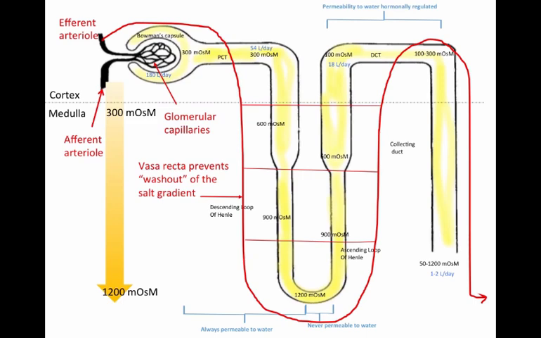And this is what sets up that salt gradient in the first place. Maintaining the salt gradient, this passive countercurrent flow is necessary for that. So two different kinds of countercurrent processes are going on to set up and maintain that salt gradient. Just be aware that that happens, but we're not going to ask you to explain that in Bio 277.